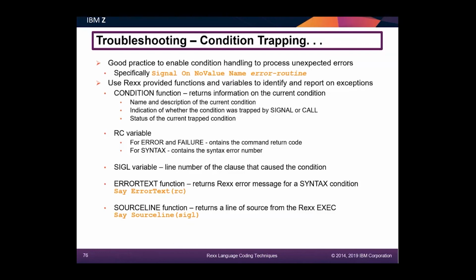And once I'm in that subroutine, I have access to data about what's going on in the program. I have access to the condition function. What was the function that led to this problem? Was it a syntax error? Was it a no value error? I have error text, so I have the actual error message available to me in the error text return code, and I have the actual line of code that caused the error in a function called source line.